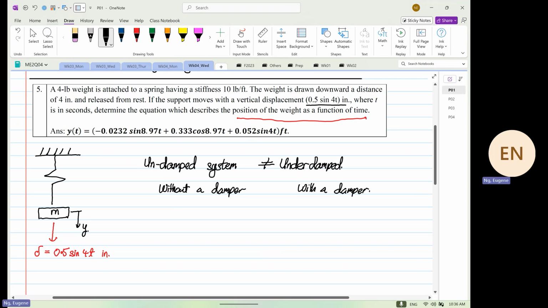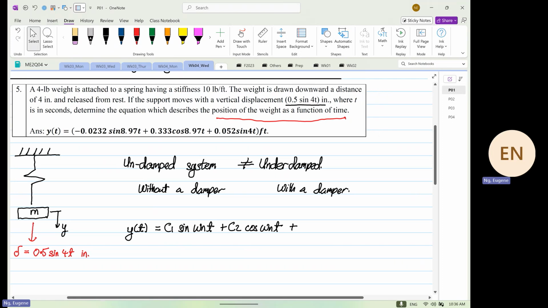So we know that we have a general solution, y as a function of time, equal to C1 sin ωn t plus C2 cos ωn t, plus the particular solution.